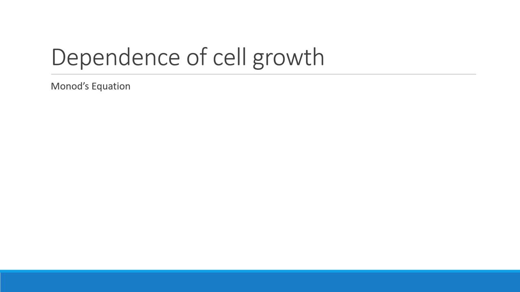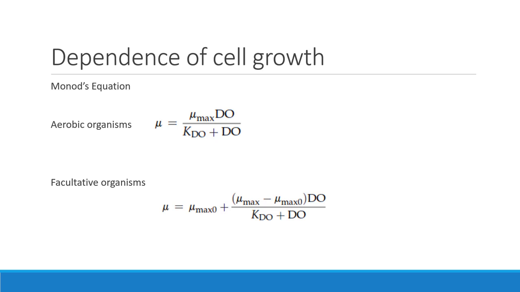For aerobic organisms, the specific growth rate is directly proportional to dissolved oxygen concentration, which can be represented as μ = μmax × DO / (KDO + DO), whereas for facultative organisms, the specific growth rate is equal to μmax0 plus (μmax − μmax0) × DO / (KDO + DO).